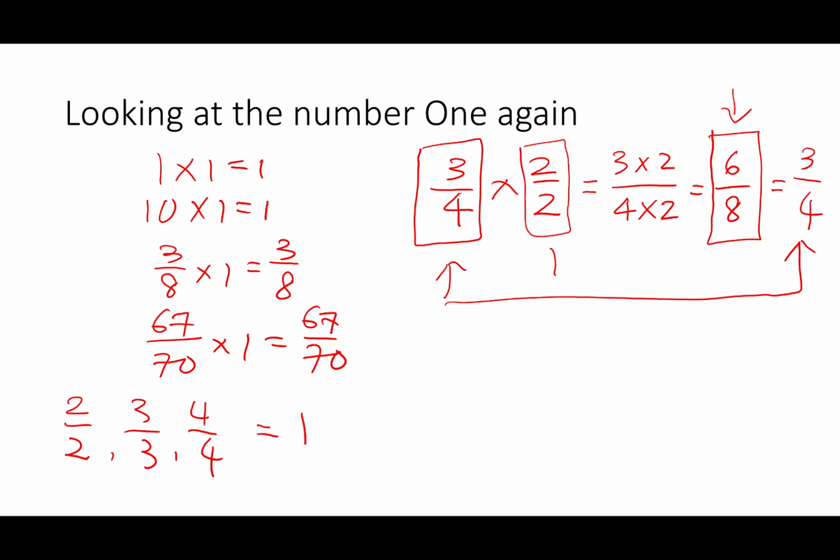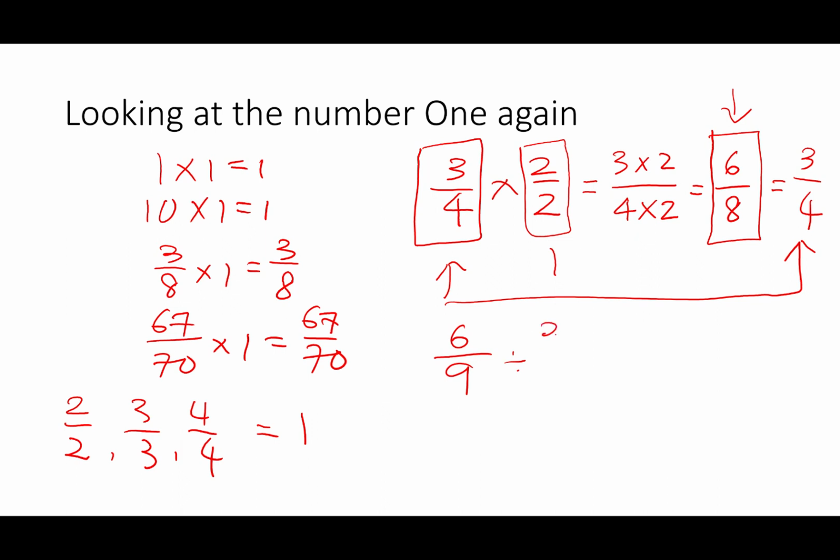Now similarly, reducing the fraction 6 over 9 by a factor of 3 is the same as dividing the fraction by 3 over 3, which is equal to 1, right?